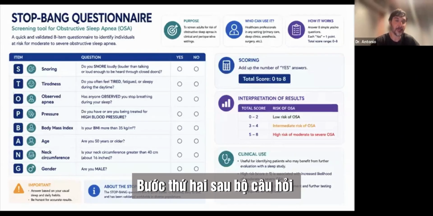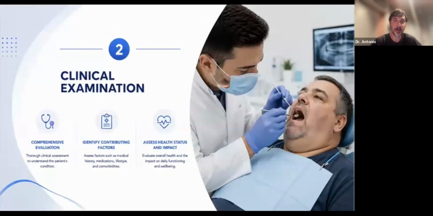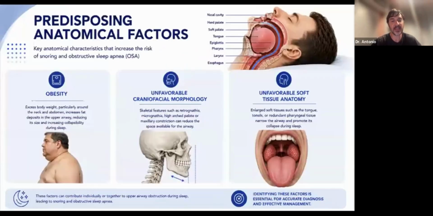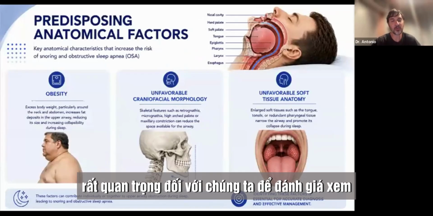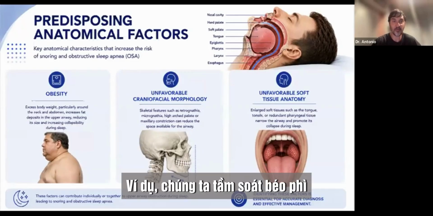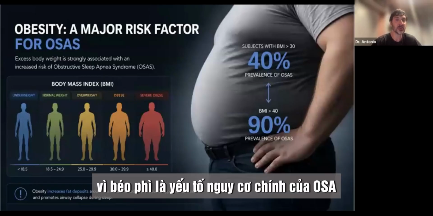The second step after the questionnaire is the clinical examination. The clinical examination is important for us to evaluate whether anatomical conditions are present that may contribute to upper airway collapse. For example, we look for obesity, because obesity is a major risk factor for OSA.